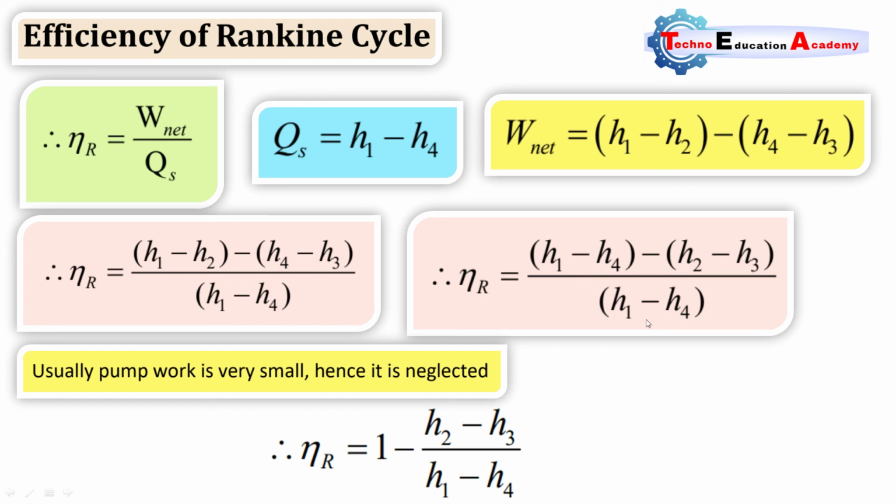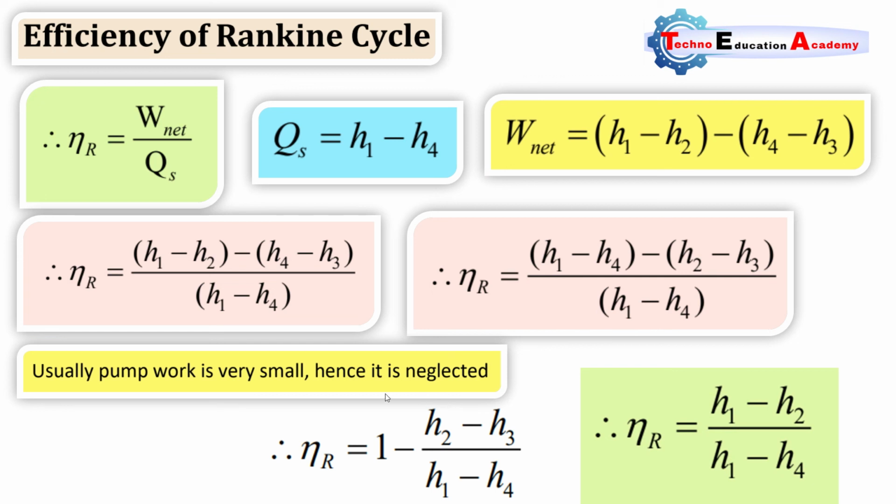So efficiency equals 1 minus H2 minus H3 divided by H1 minus H4. Whenever we neglect the pump work, we get H1 minus H2 divided by H1 minus H4. At that time, this is the equation of efficiency for the Rankine cycle, and whenever we consider the pump work, then we can use the other equation for the Rankine cycle.